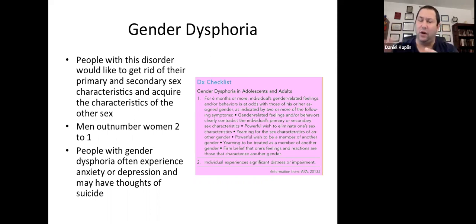So you don't need all of these, but if you have 2 or more, you're seeing gender dysphoria. And this has to cause some level of distress or impairment, right?